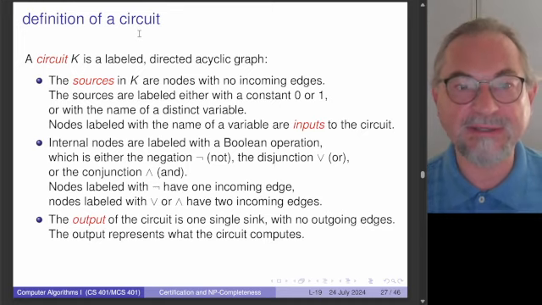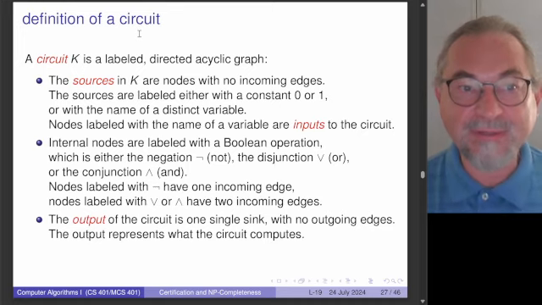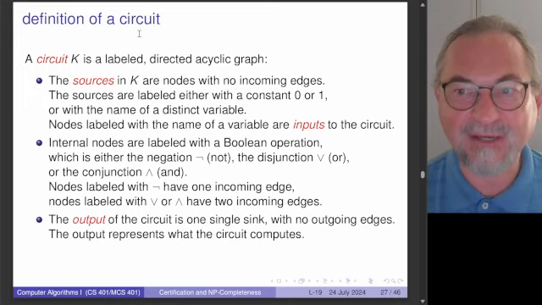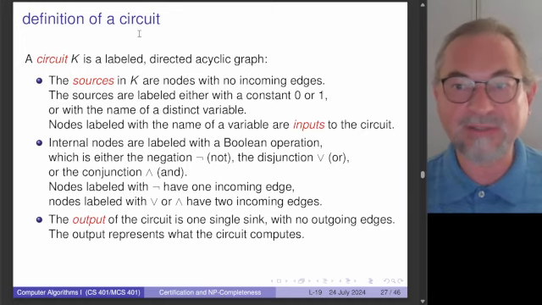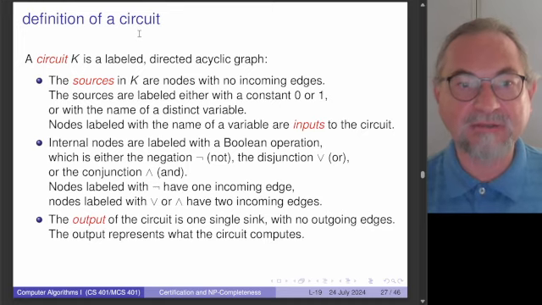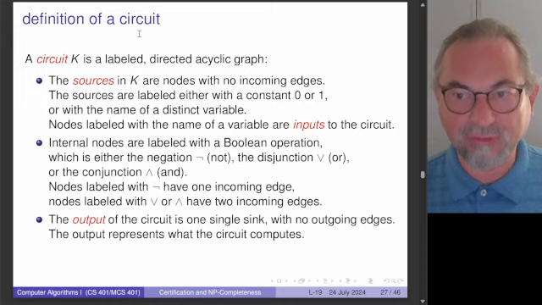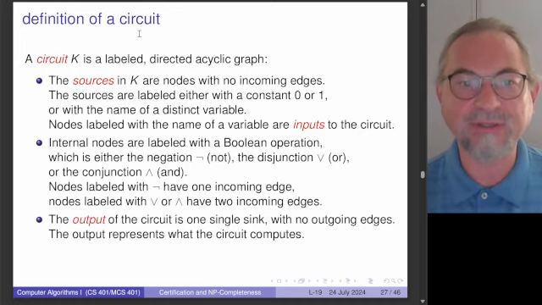Okay, so here is then the definition of a circuit. A circuit is a labeled directed acyclic graph. Acyclic means that there are no cycles in there, so you go in one direction. The sources are the inputs, and a node in a directed graph is a source if there are no incoming edges.